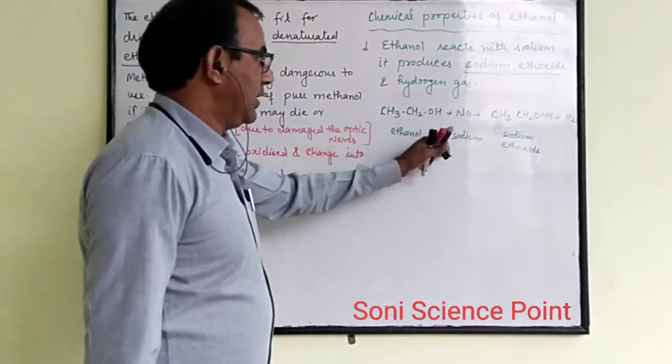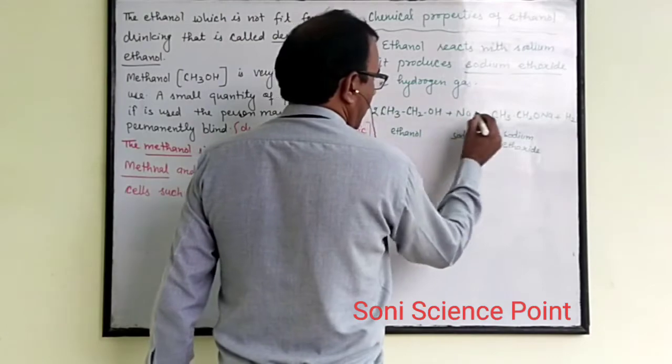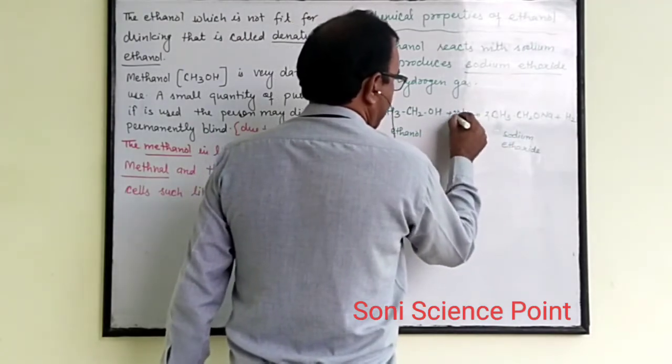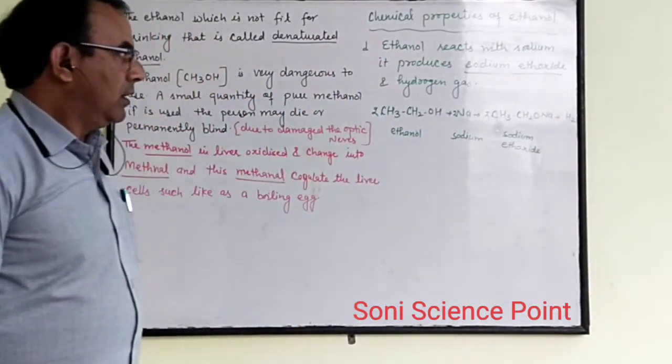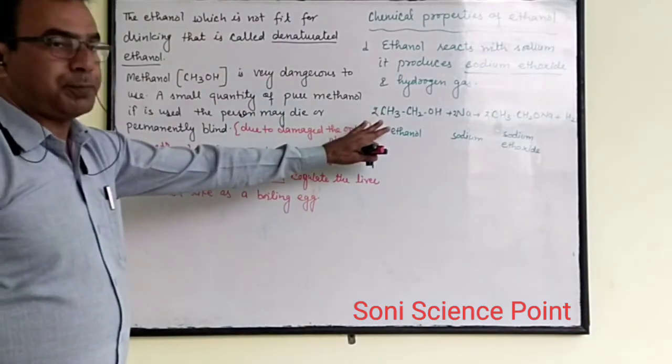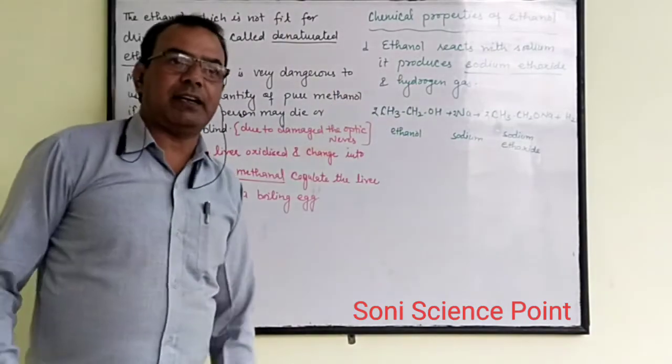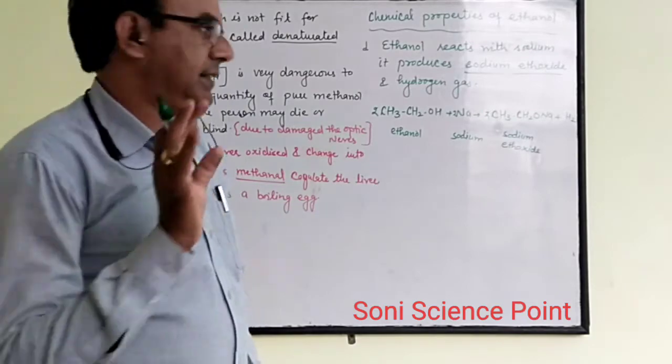We balance the chemical equation. This side contains 2 and this one is also 2. So by this process, we can say that ethanol is slightly acidic.